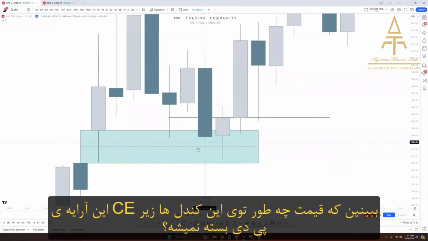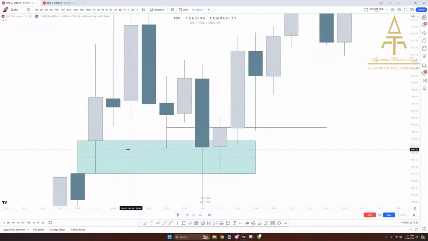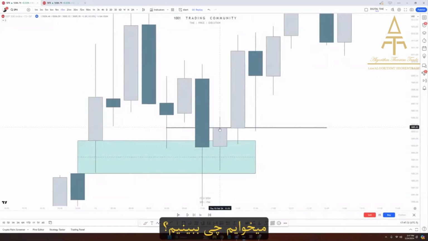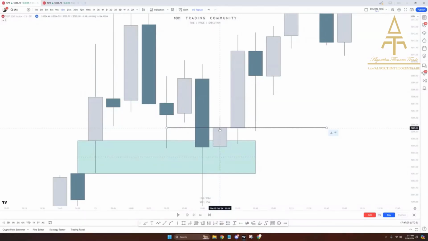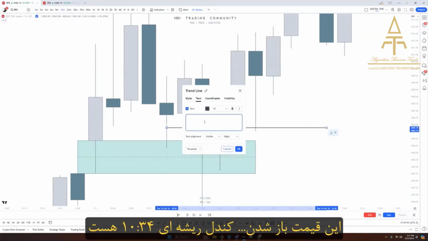Observe how price on these candles is not closing below the CE of this PD array. So what do you want to see? Look how on this candle, it's very random, right? This wick here, 10:30, this came from 10:34. This is the opening price of 10:34. Root candle.